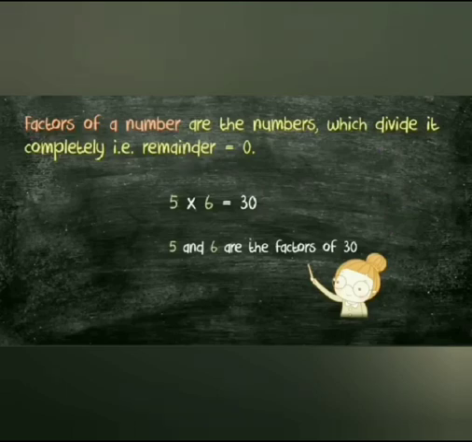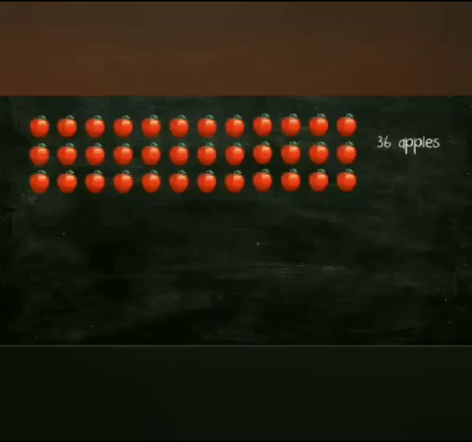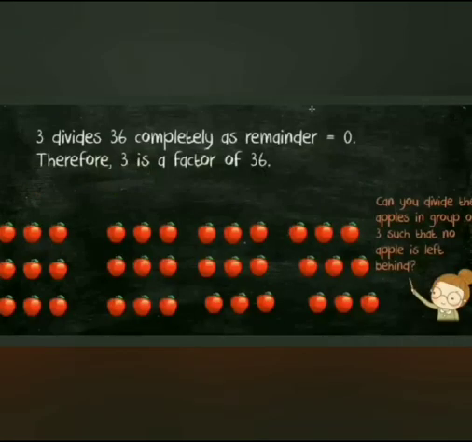Similarly, let's understand these factors with the help of an activity. Let's consider 36 apples, and let us divide these apples in groups of 3 such that there is no apple left as remainder. Can we do that? Let us divide these apples in groups of 3.